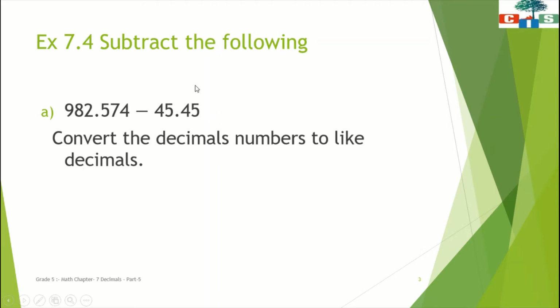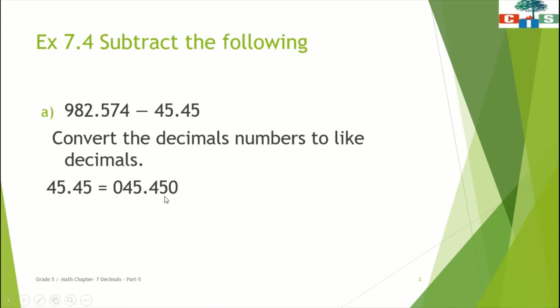So scholars, here we will convert 45.45 to like decimal with 3 decimal places, because here we have 3 decimal places. So here also we need to bring 3 decimal places. For that, what we need to do scholars, we need to put 0 after 5. So here I have put 0 after 5.